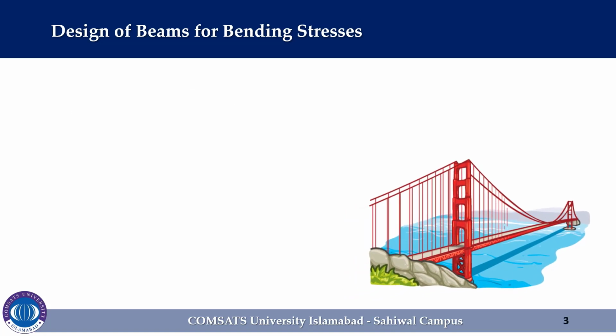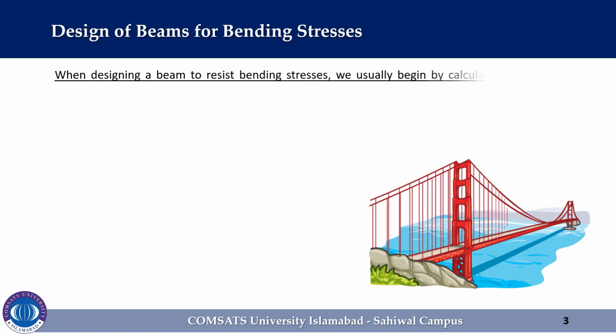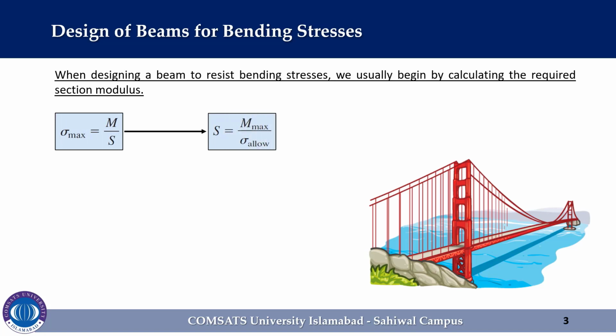So we can say that when designing a beam to resist bending stresses, we usually begin by calculating the required section modulus. For instance, if the beam has a doubly symmetric cross section and the allowable stresses are the same for both tension and compression, we can calculate the required modulus by dividing the maximum bending moment by the allowable bending stress for the material.